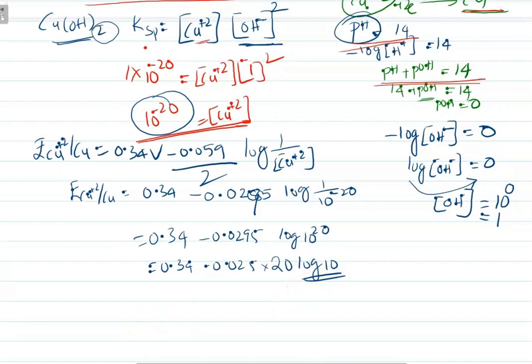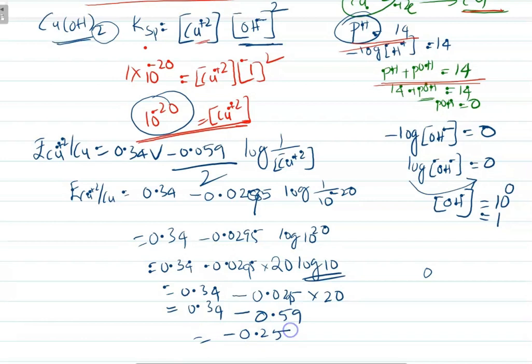So if you do all that calculation, that is 0.34 minus 0.0295 into 20, which is 0.59. You will get the answer as minus 0.25.